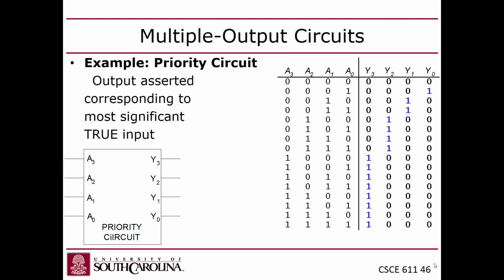So in this case, they draw a line to make that obvious. They separate the inputs and the outputs. A priority circuit just means that we have 4 outputs, but in this application, all the outputs are 0 except for 1. And the one that's not 0 represents the position of the furthest to the left input 1 bit.